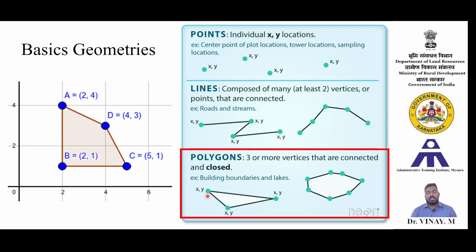The area may be in square centimeter, square meter, square kilometer, hectare, acres. It can be anything. In GIS we use polygons to represent building boundaries, lakes, administrative boundaries, and farm level land parcels. All these things are represented using a polygon.